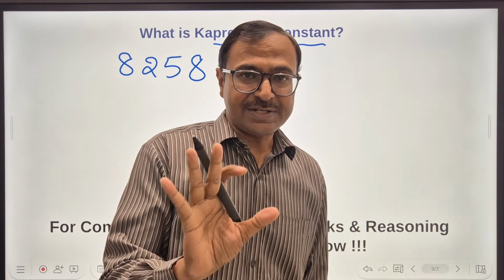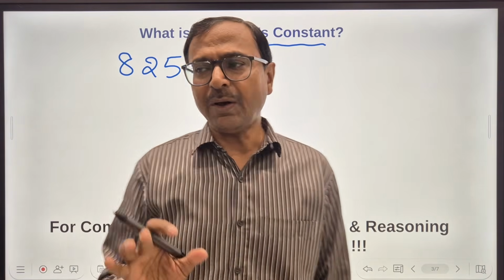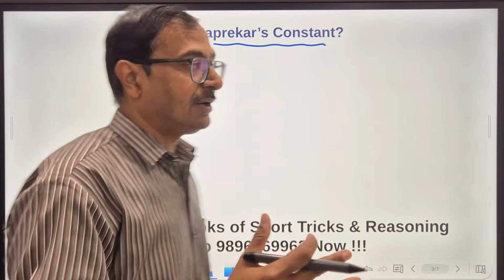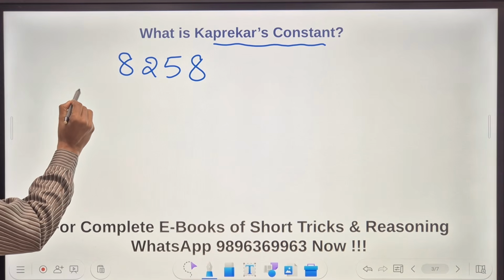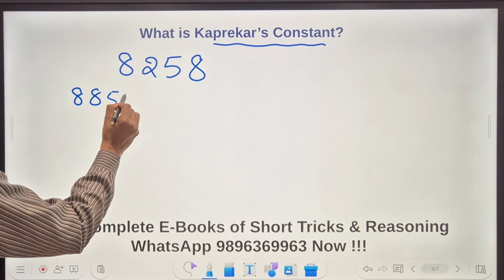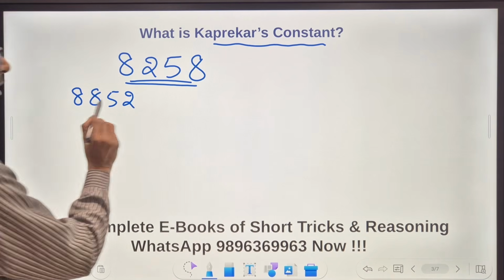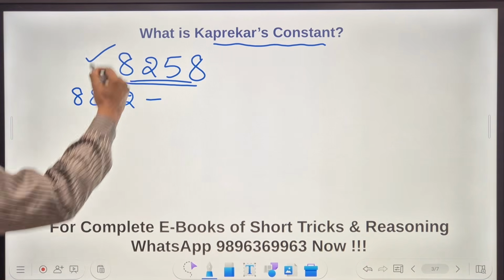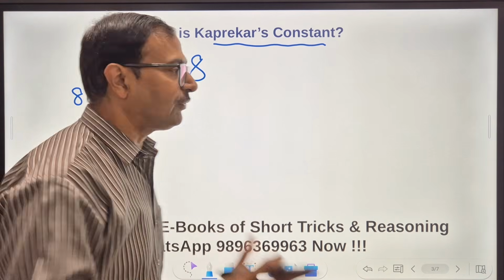See, at least 2 digits have to be different, okay? Now, using this 4-digit number, we'll make the largest number possible first. Like 8852. This is the largest number which you can make out of 8258. And subtract the smallest number which is formed from the same number, 8258.